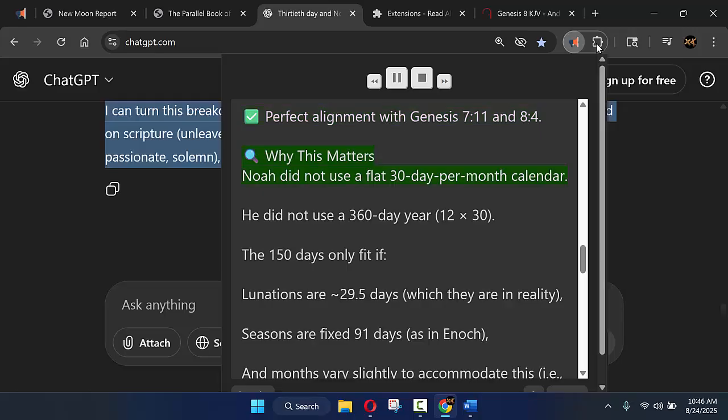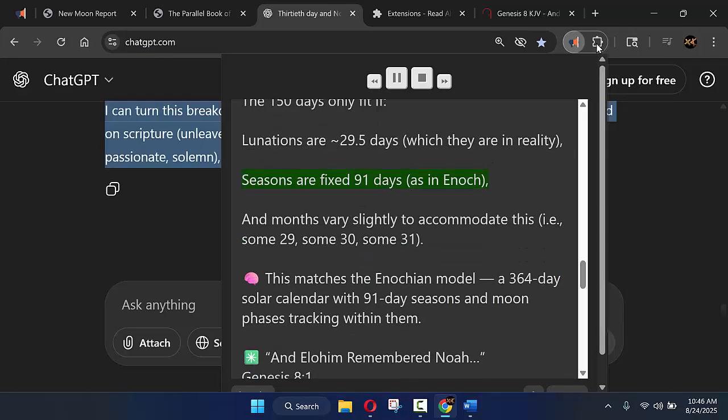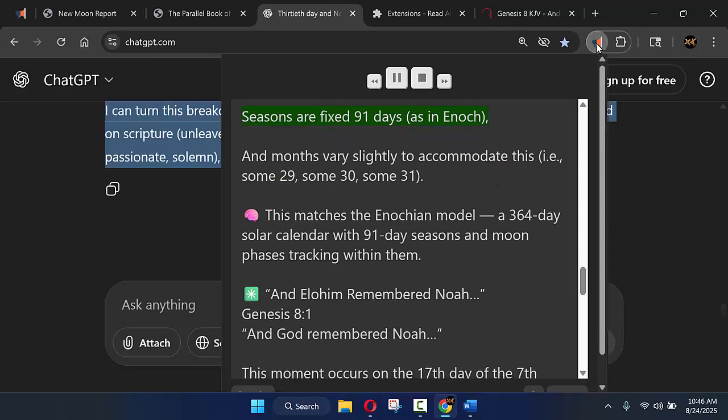Magnifying glass: why this matters. Noah did not use a flat 30-day per month calendar. He did not use a 360-day year, 12 times 30. The 150 days only fit if lunations are approximately 29.5 days, which they are in reality. Seasons are fixed 91 days, as in Enoch.